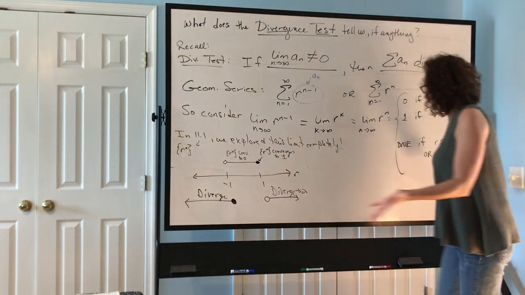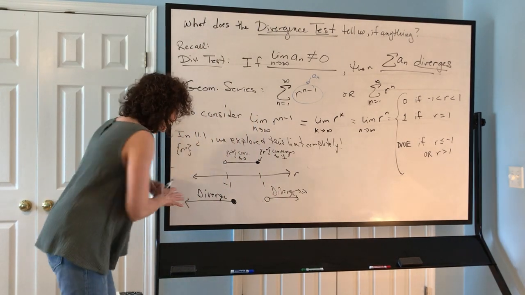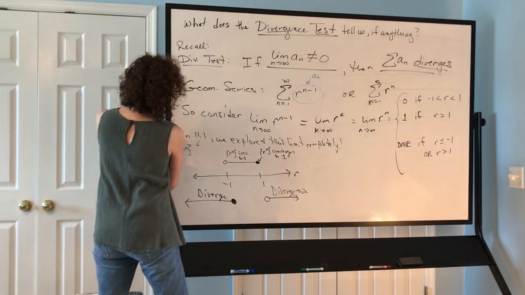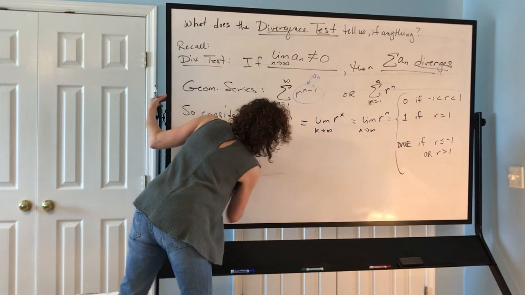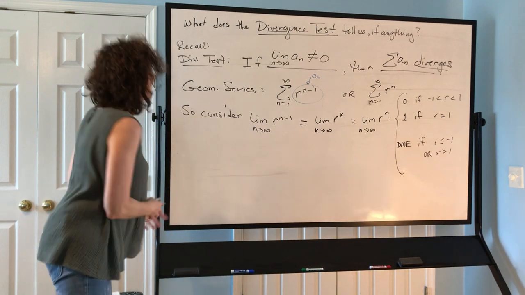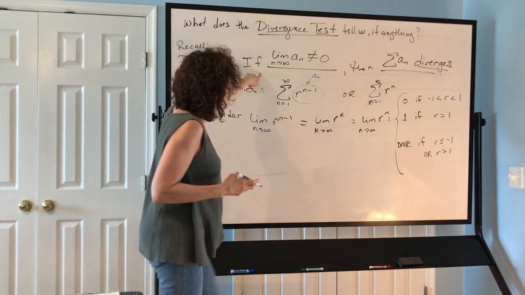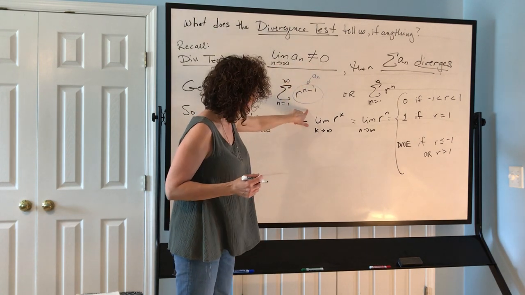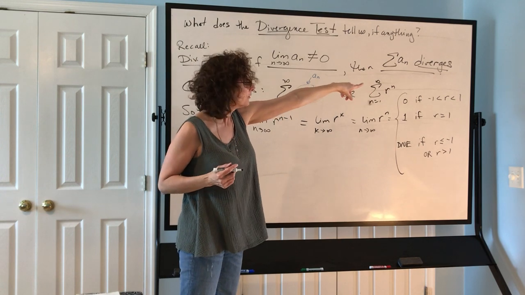Now let's see what this buys us. What does this buy us? I'm going to erase this now. Okay, so hopefully you've got that. We're trying to apply the divergence test to our geometric series. What does the divergence test say? If the limit of this term isn't 0, then I can guarantee the series diverges.